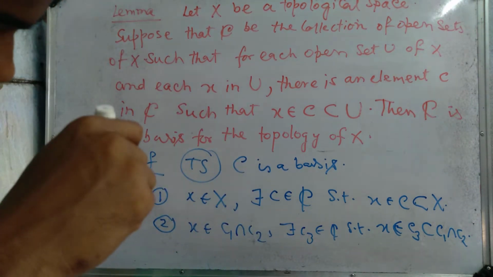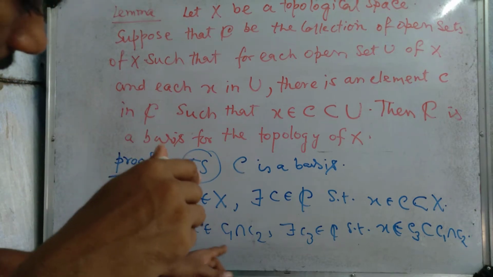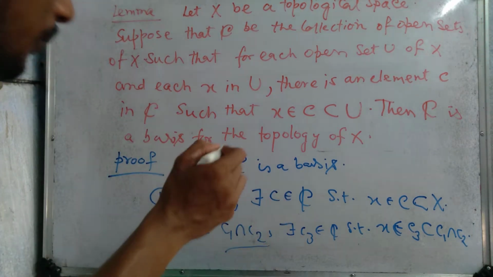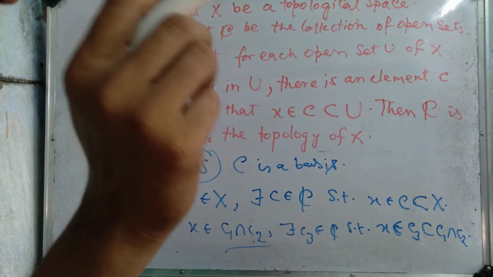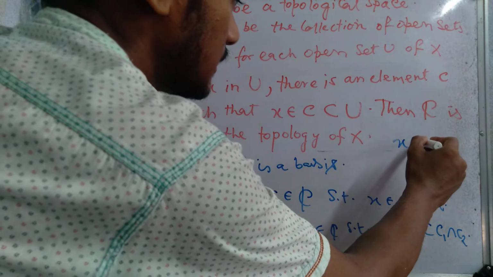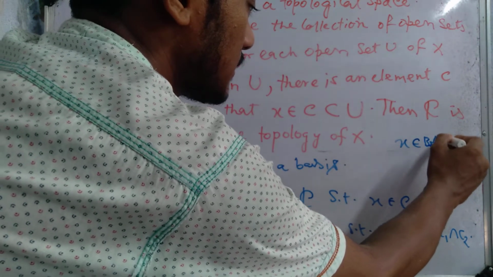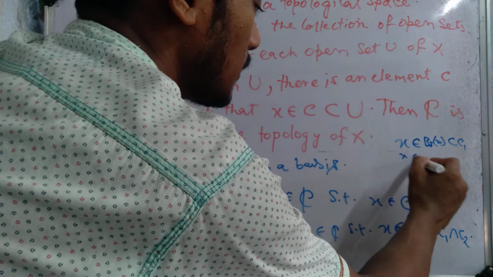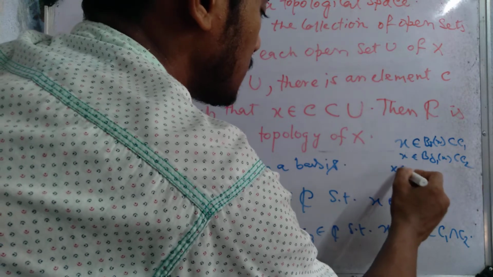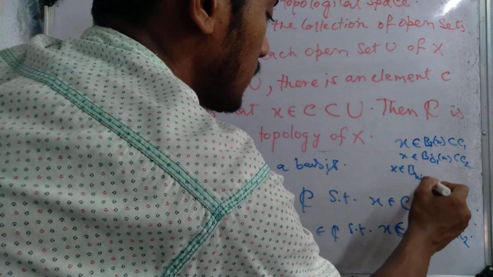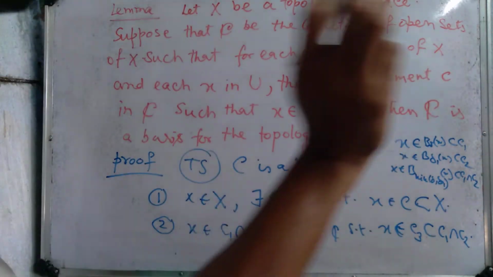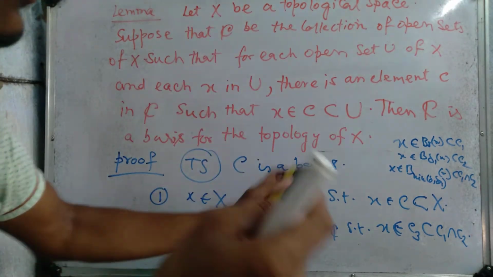Also, C1 and C2 are open and contain x, then C1 intersection C2 is also open, because if x belongs to some ball B(delta1, x) subset of C1 and B(delta2, x) subset of C2, then x belongs to B(minimum of delta1 and delta2, x), a subset of C1 intersection C2.